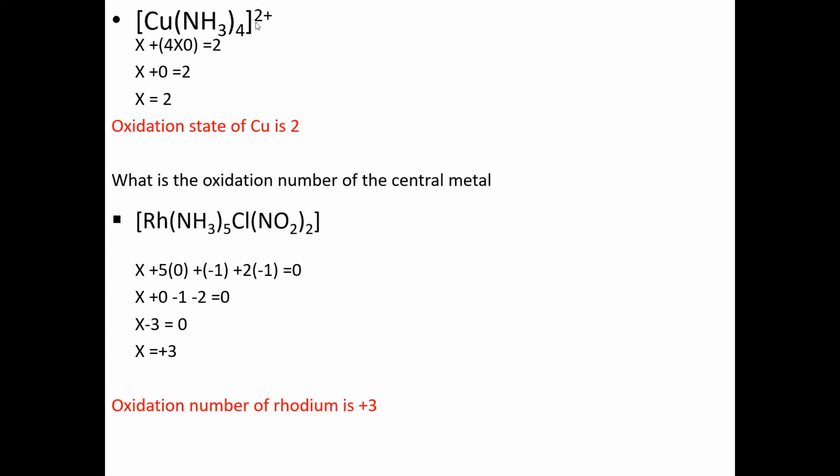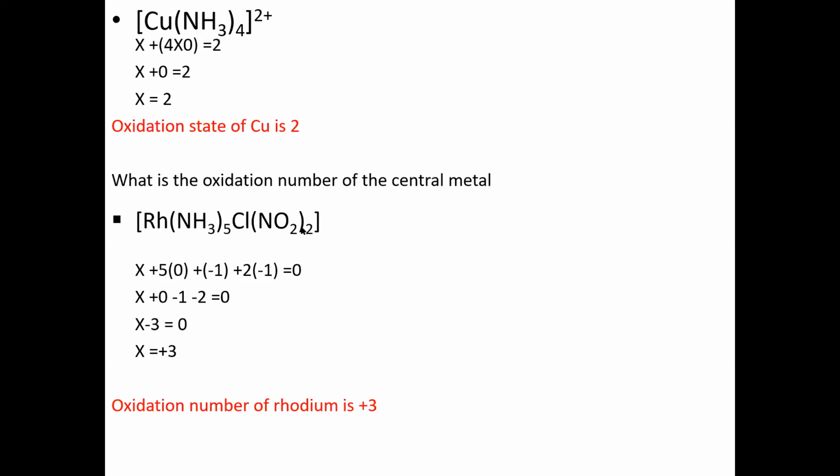For the one that has a charge, the total charge on this complex is now going to be, instead of 0, plus 2. So we have our copper as X plus, this is already a neutral ligand, which is 0, equals 2. If there was no charge here, it would have been 0. But because we have plus 2, the total charge is 2. So the oxidation state of copper here is also 2.